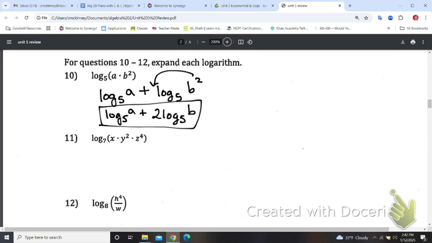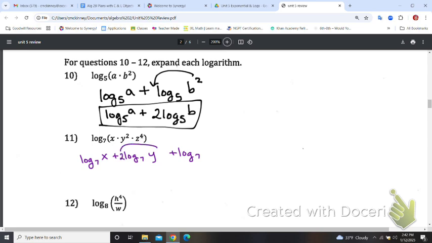Here, how many different variables? 1, 2, 3. So we will have log base 7, and every one of those logs gets that base. If it was a common log without a base written, then they wouldn't need it, but it's not. And so this first one is just x. They are all being multiplied, so it's going to be pluses in between. This one is y, and that second power, remember, is going to jump over here.